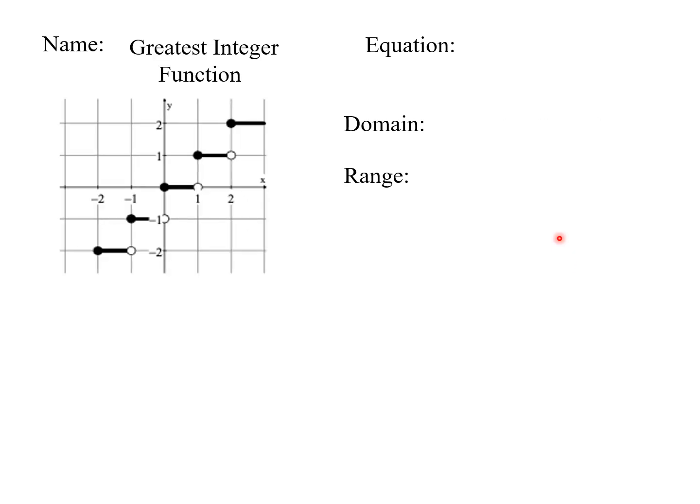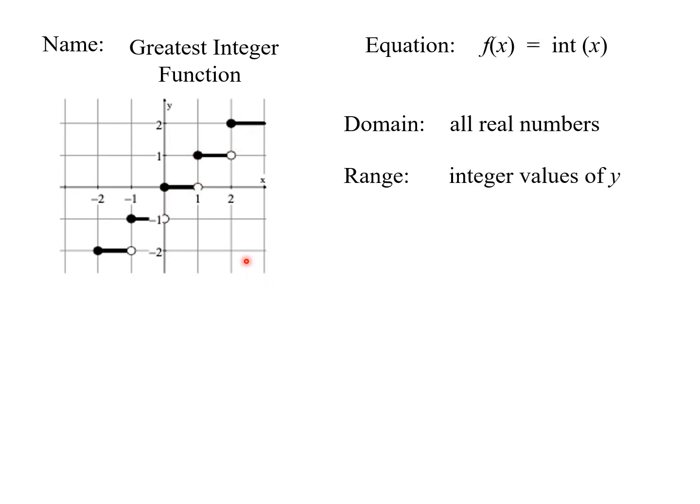The next function looks like this. It is called the greatest integer function, and it has a parent function of this. We're not going to deal with this too much, but it has a domain of all real numbers. There's a closed circle there but an open circle there, so it kind of overlaps all the x's, whereas the range is just integer values of y.